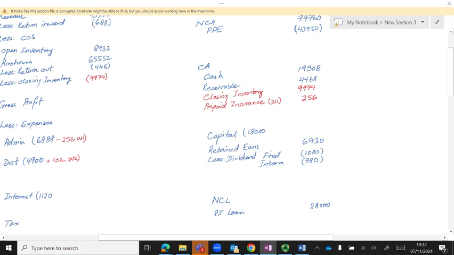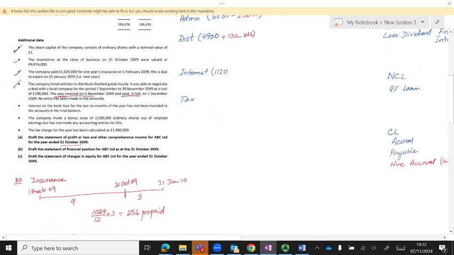Your workings in the question. Next is interest on bank loan for the last 6 months for the year has not been included in the trial balance.